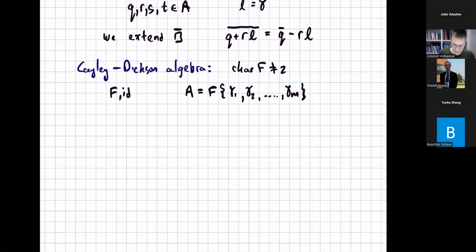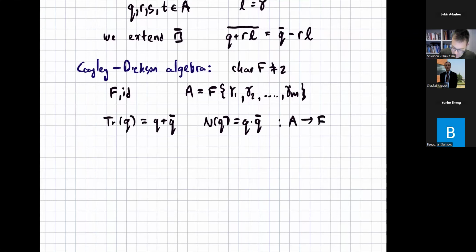For this algebra we can define the trace forms: for any element q, the trace is q plus q bar and the norm is q times q bar. Both of these are maps from A to the base field F.